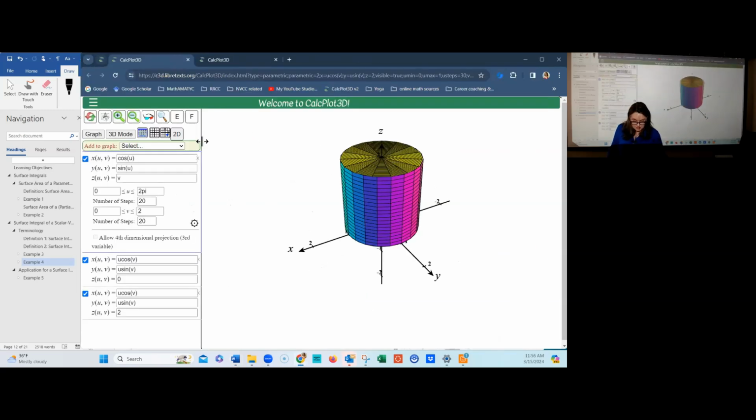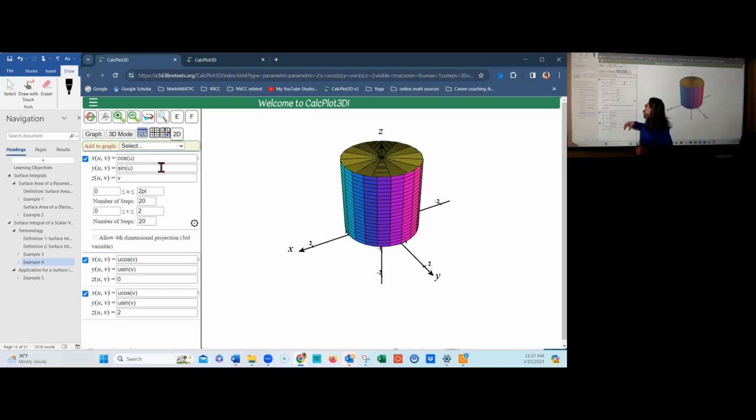We need to parameterize the top and the bottom. We know that it is x squared plus y squared equal 1, giving us the sides. That means the tops are circles of radius 1. So we can use polar coordinates, r cosine theta and r sine theta, to get the top.